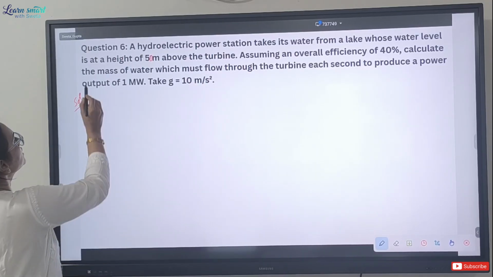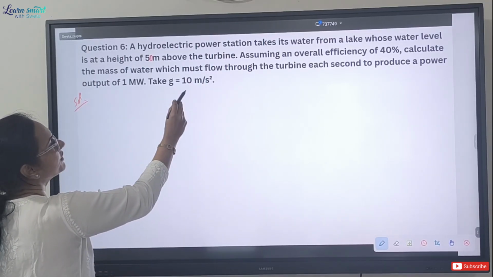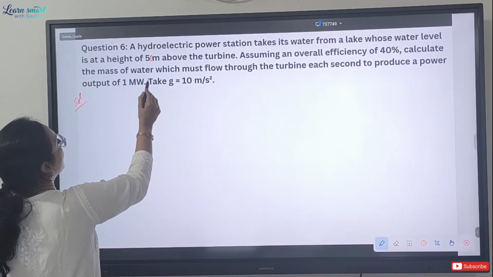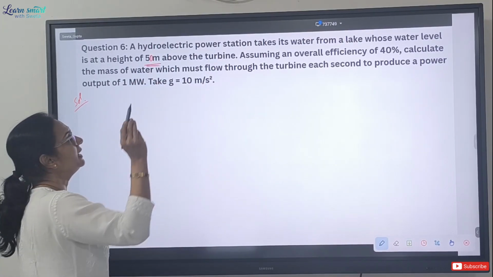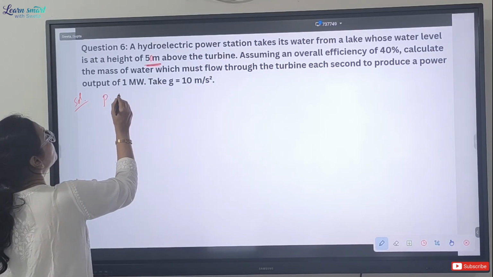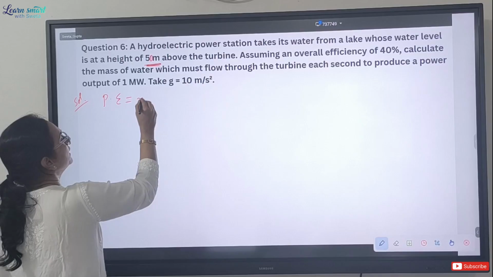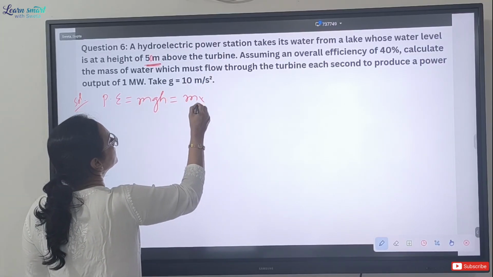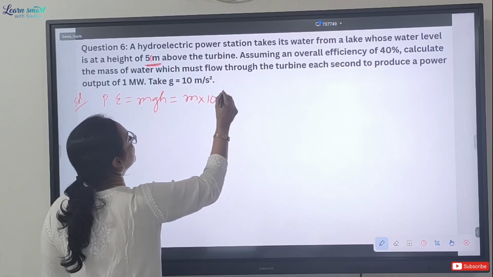Let's look at this question, question number 6. A hydroelectric power station takes its water from a lake whose water level is at a height of 50 meters. This question actually says that the height is 50 meters above the turbine. So what is the potential energy of the water? mgh. Mass is m, g is 10 and height is 50 meters.